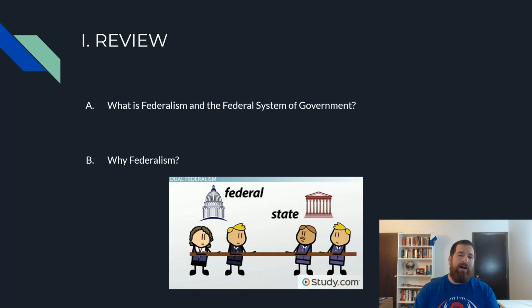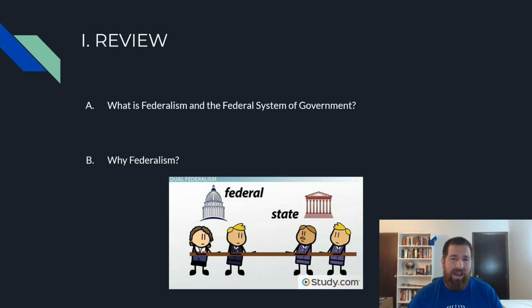So why federalism? Why would the framers and the writers of the Constitution choose this system of government? Well, the simple explanation for that is that it was a good balance. Specifically, it was a balance between giving states power to take care of their citizens, but also having a federal government that was able to protect the country and keep business running as usual without any problems or hiccups.